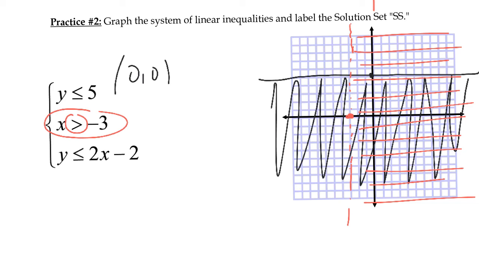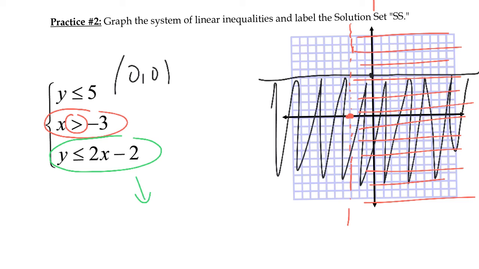Okay, so far the overlapping area is quadrant 4 and part of quadrant 1 and part of quadrant 3. Actually, as well, all four quadrants. My final inequality, let's use green. How do I graph y is less than or equal to 2x minus 2?